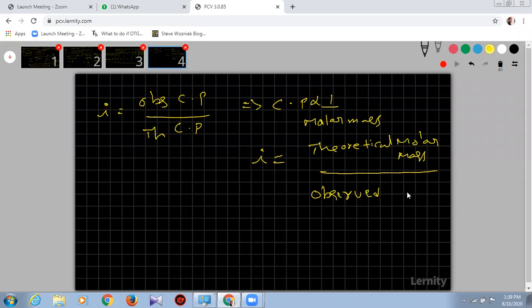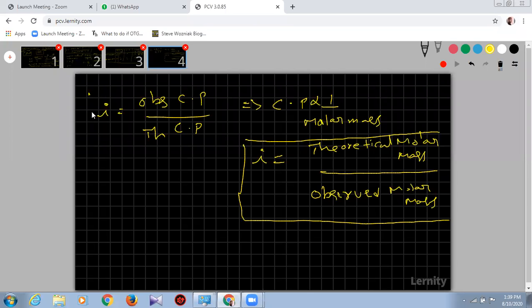So these are the very important formulas for the Van't Hoff factor. i is equal, in terms of colligative property, to observed colligative property upon theoretical colligative property. In terms of molar mass, theoretical molar mass by observed molar mass. Hope you understood the reason for it.